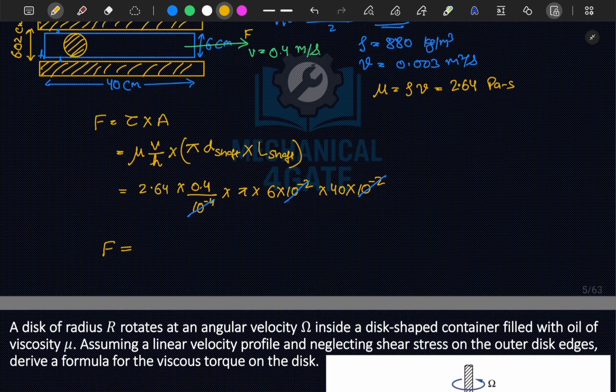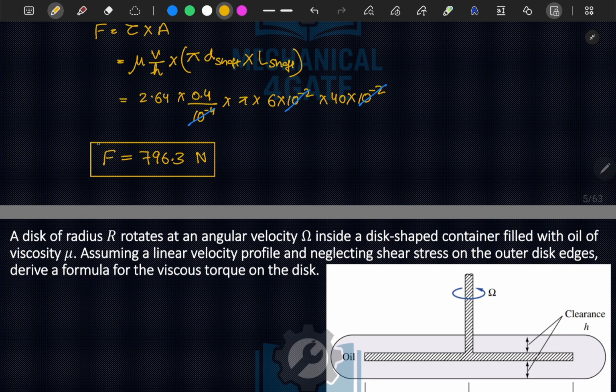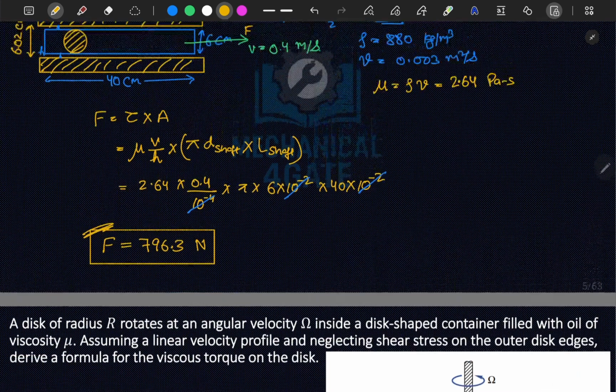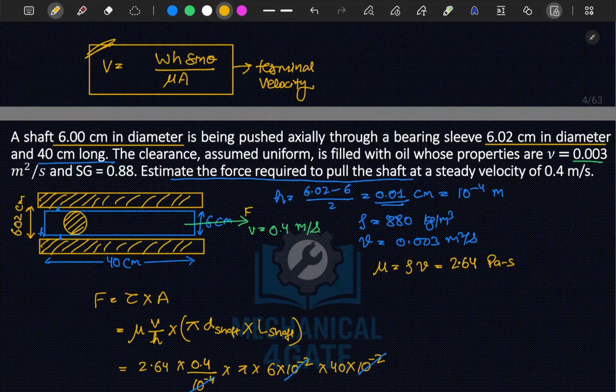This turns out to be 796.3 Newton. So this amount of force will be required to push out your shaft from this sleeve. And one more thing, this is pushed, not pulled. The arrow should be on this side. This is your push.